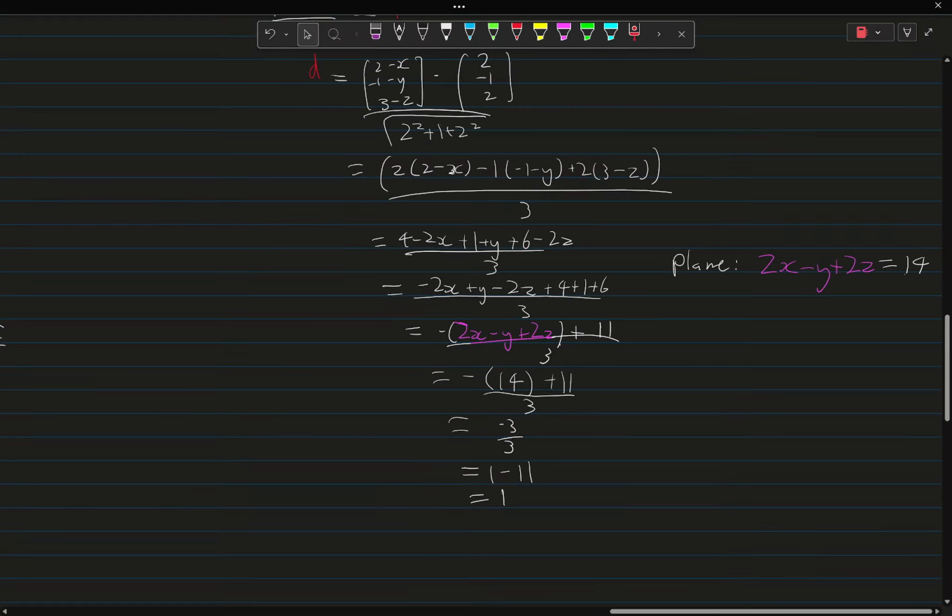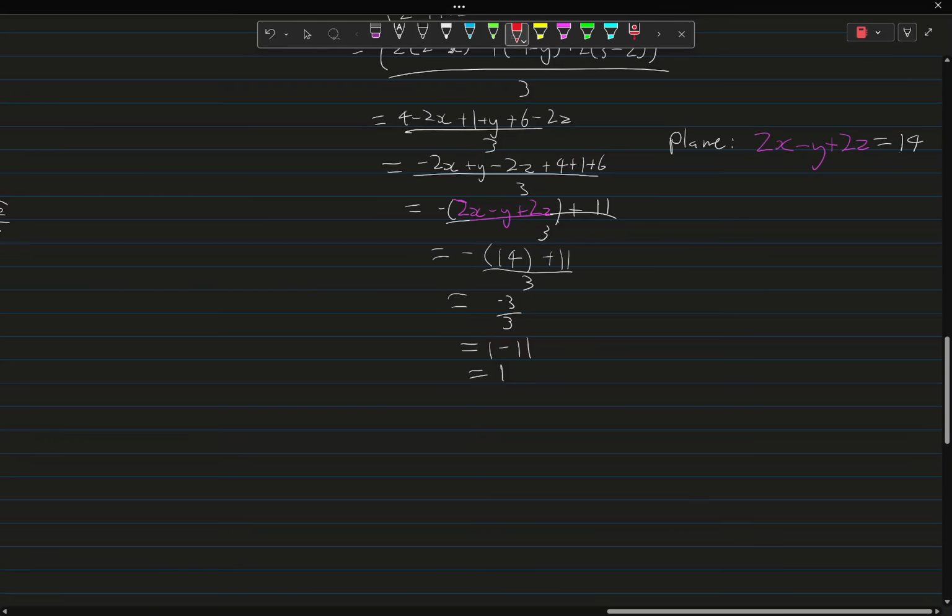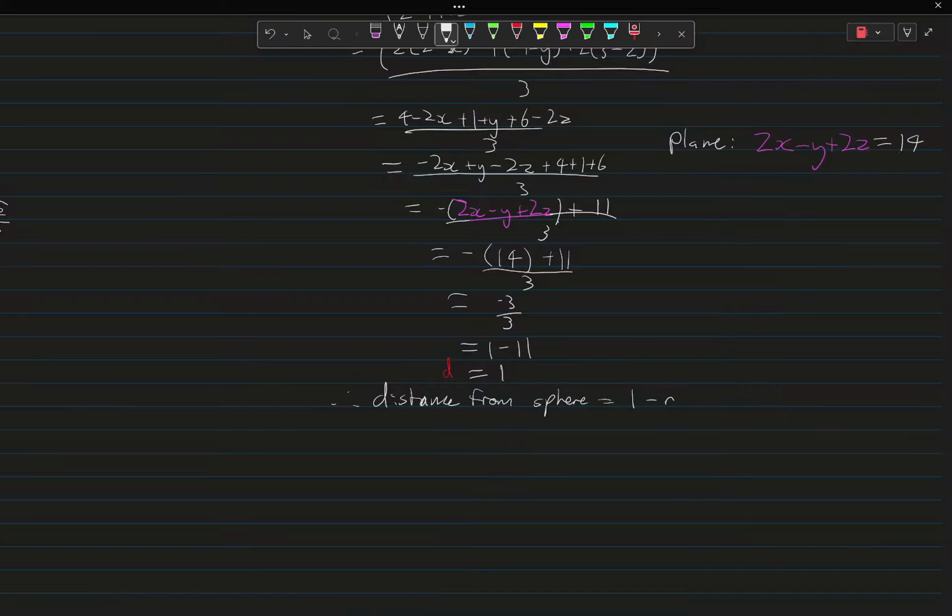But anyway, we have a distance of 1, so the distance equals 1. Therefore, the distance from the sphere to the plane, in terms of r, equals 1 minus r.